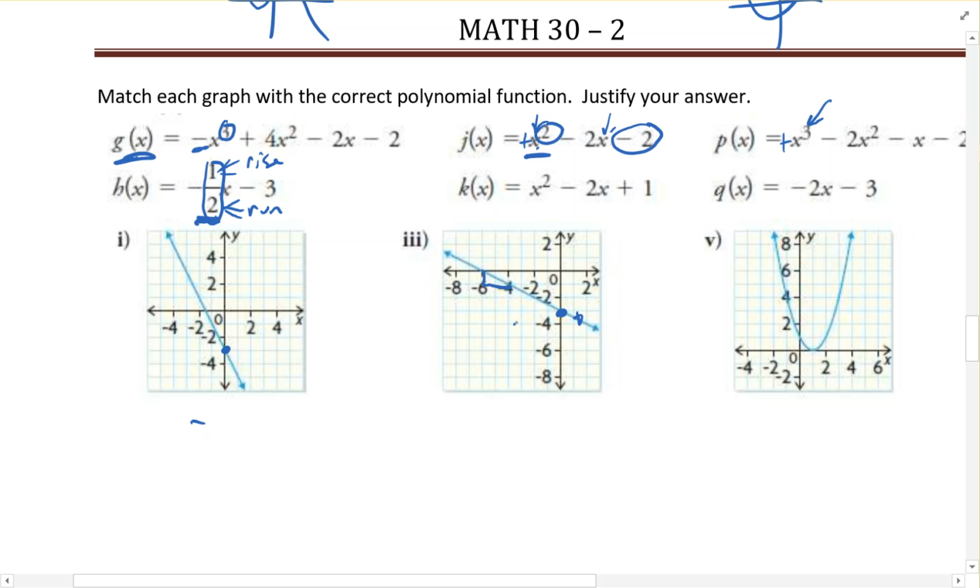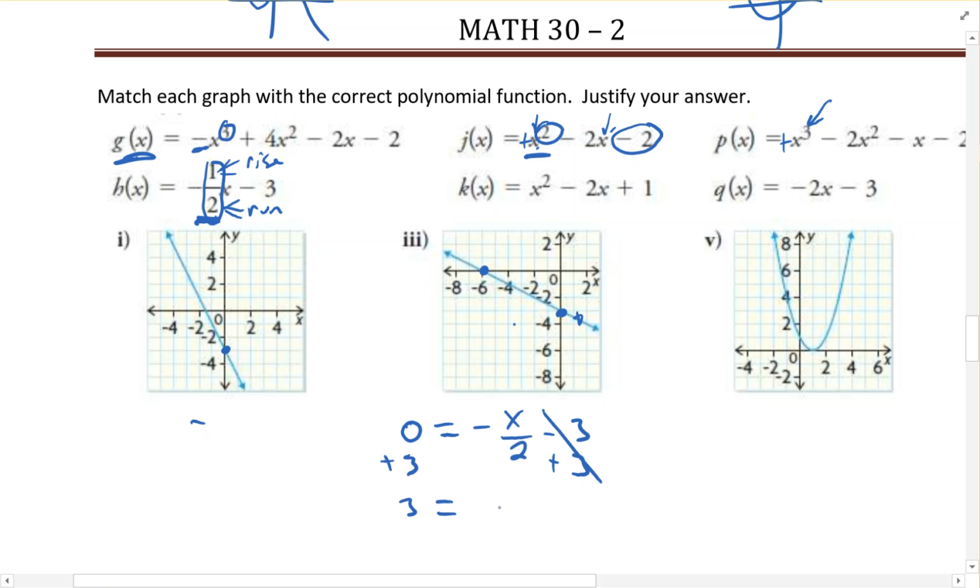But if you were unsure about that, the other thing you could do is solve for the x intercept. The way we could do that is y needs to be equal to 0. And then -x/2, I'll write it as the same thing, is equal to -3. Then I'll add 3 to both sides, so +3.